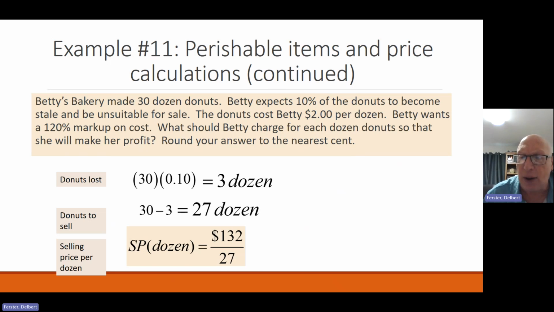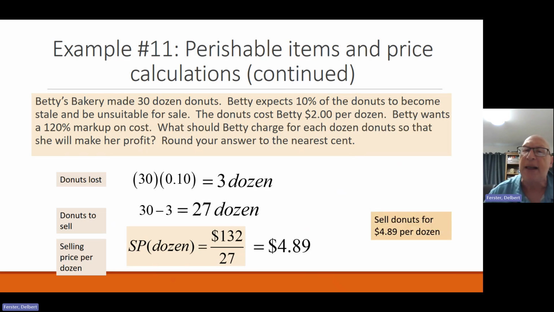If we do that with a calculator, we're going to find that for her to make the profit she wants, which was that 120% markup on these donuts, knowing full well that she wasn't going to sell them all, she's going to sell the dozens at $4.89 each, and that would allow her to gain the requested markup on selling price relative to cost.